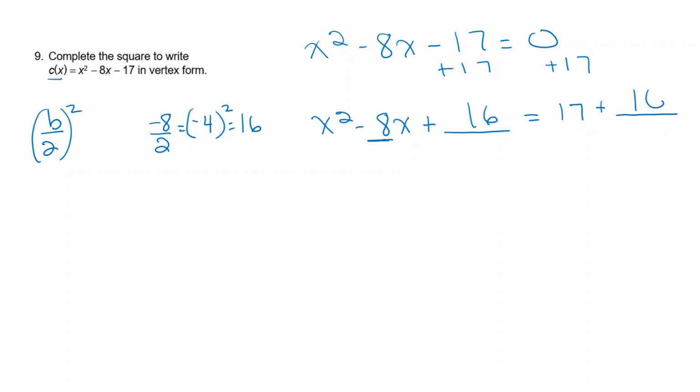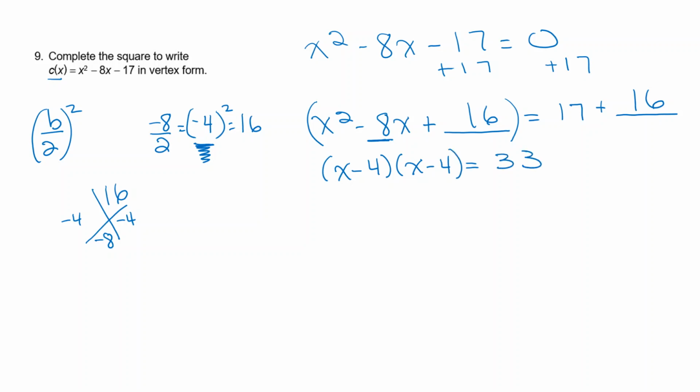If I add 16 to one side, I have to add 16 to the other side. Now when I look at this equation, I can ask what two numbers multiply together to get 16, add together to get negative 8. And I know that that is negative 4. Negative 4 times negative 4 is positive 16, and negative 4 plus negative 4 is negative 8. So this actually factors out now nice and easy. X minus 4 times x minus 4. And that is going to equal 33.